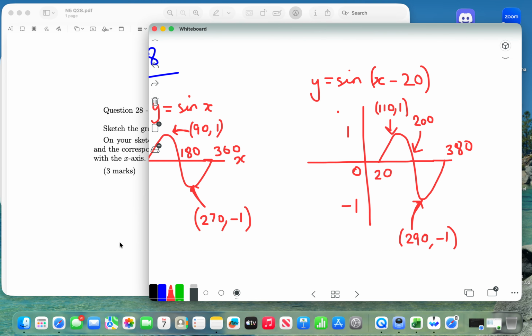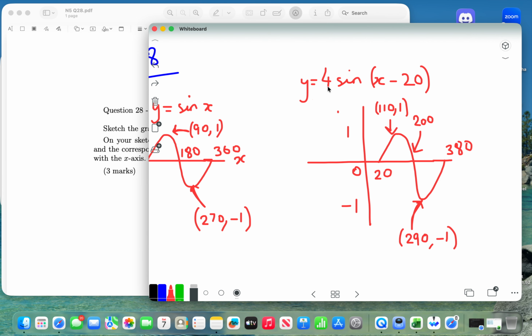But we have to get y is 4 sine (x minus 20). So what we have to do then is modify this a bit. So y is 4.